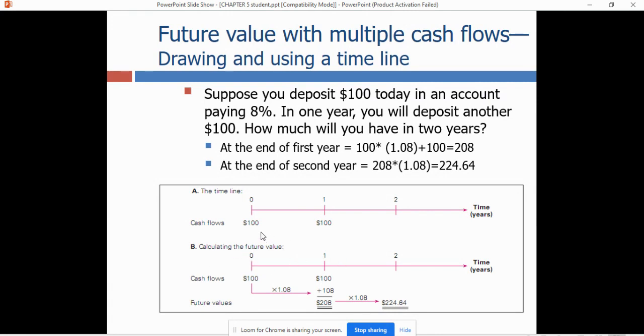So the cash flow is 100, and that 100 becomes 108 at the end of year one or beginning of year two, and at the beginning of year two you have deposited another 100, that becomes 208. Again you have interest rate for the whole year and you get 224.64. All right, so if you're not sure about this, you can just draw a timeline, then you can have a clear understanding.